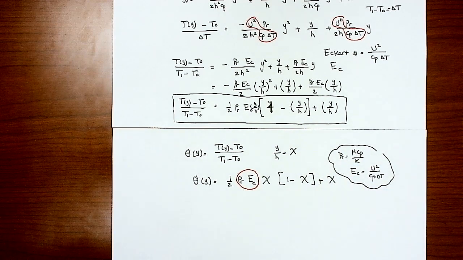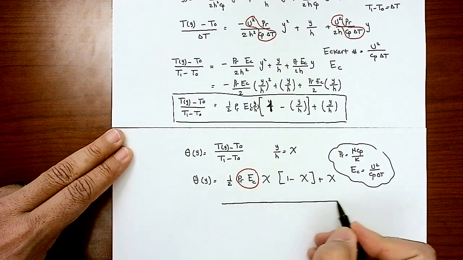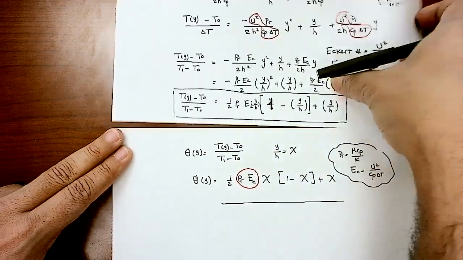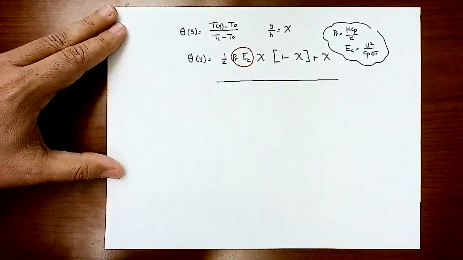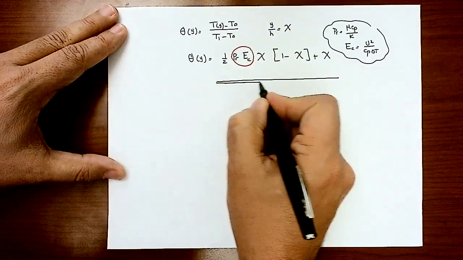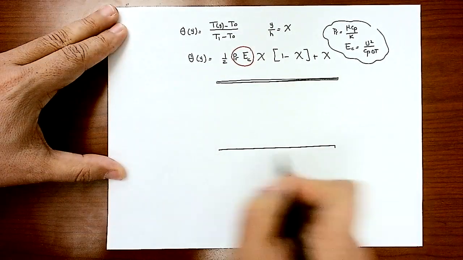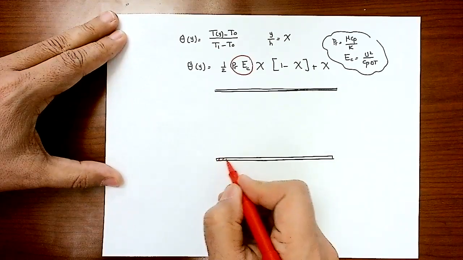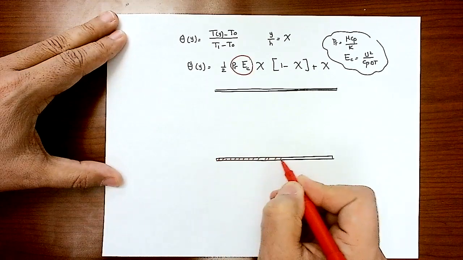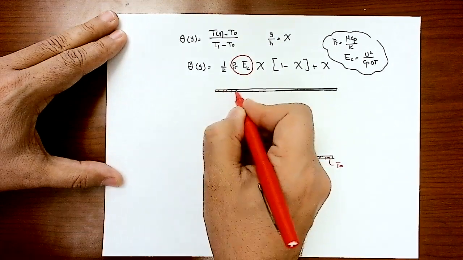So usually we plot this equation as follows. If you look at the two plates here, T node is the lower plate temperature, and T1 is the upper plate temperature.